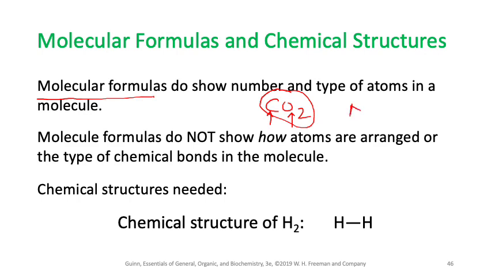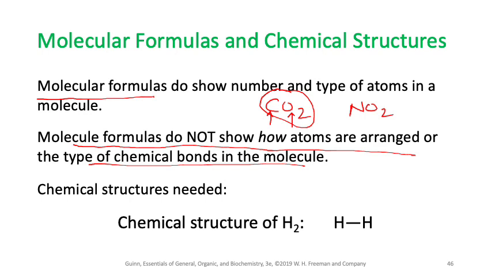Similarly, NO2, nitrogen dioxide: we just know it is made up of nitrogen and oxygen, but we don't know what kind of bonds or electrons it has. So the molecular formula does not show how atoms are arranged or the type of chemical bond you have.